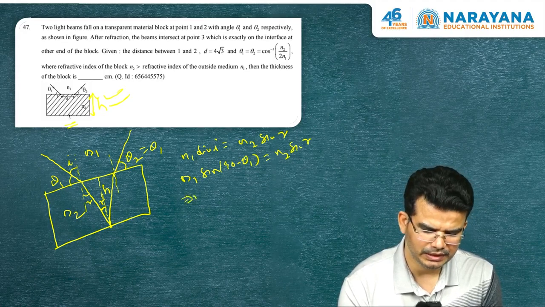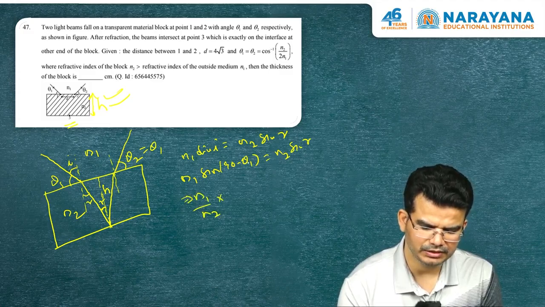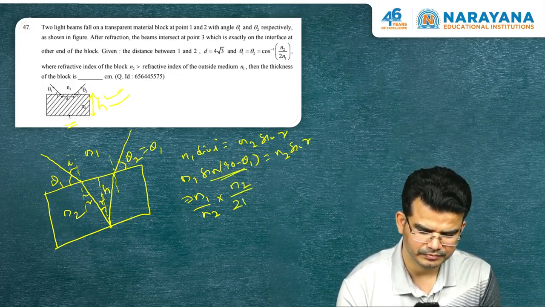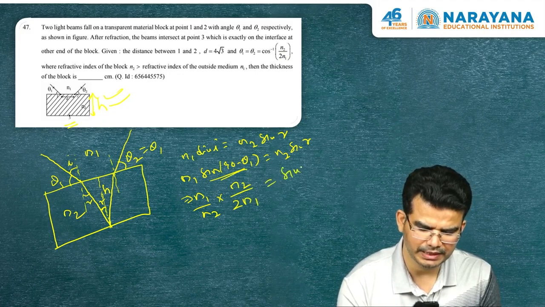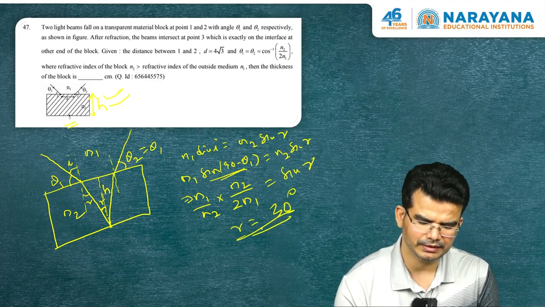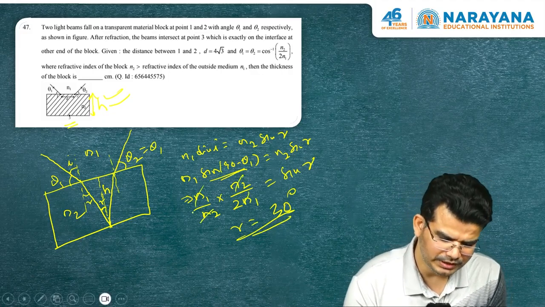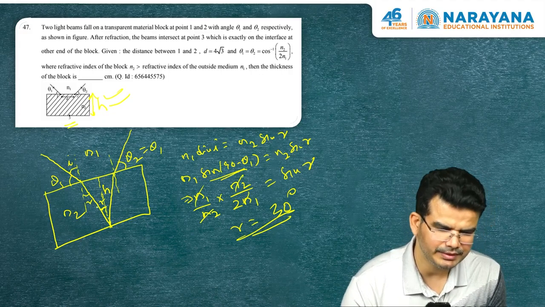Now n1 by n2 into cos theta 1, whose value is given as n2 upon 2 n1, I directly put equal to sin r. So r is 30 degrees, because n2 and n1 all get cancelled, and 1 by 2 is left. So this angle is 30, and this angle is also 30.